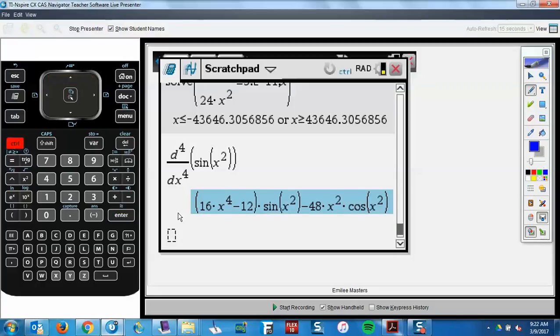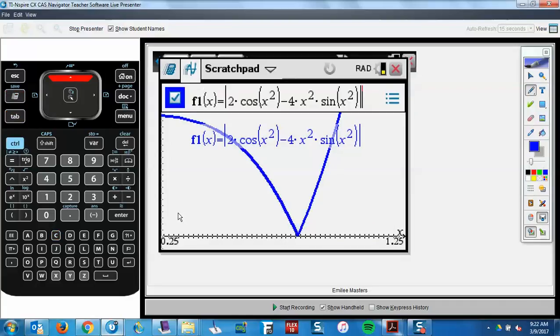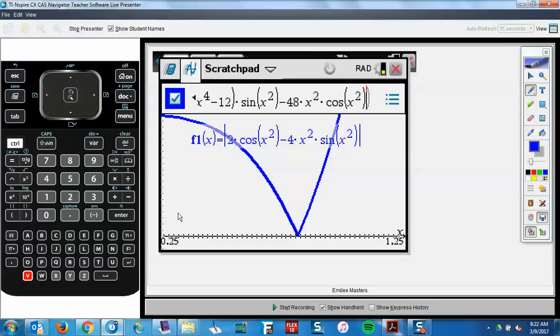Now arrow up to that. Copy. Delete that. Absolute value. Paste. Enter.